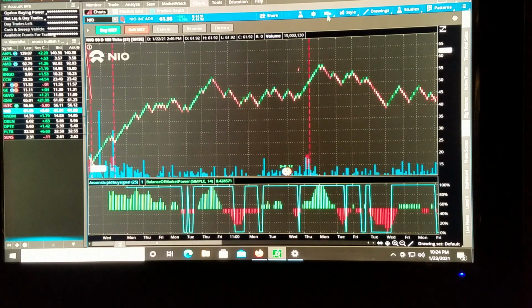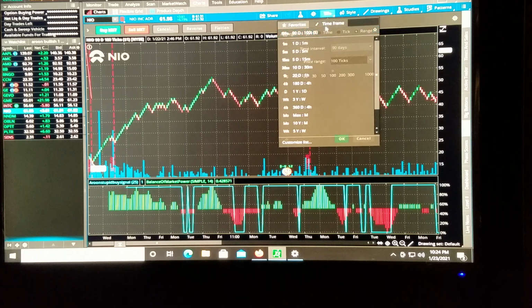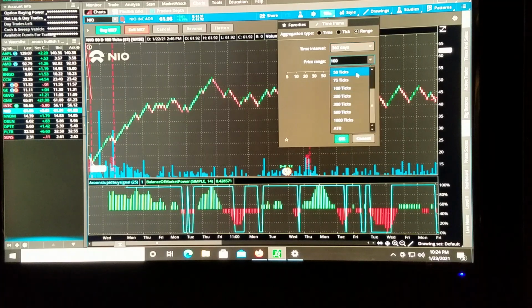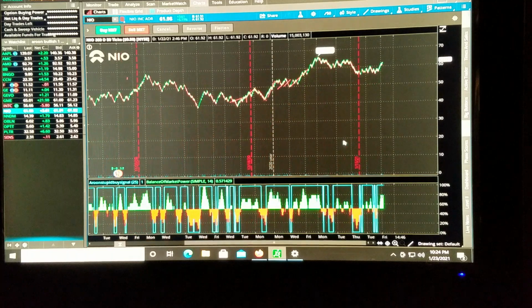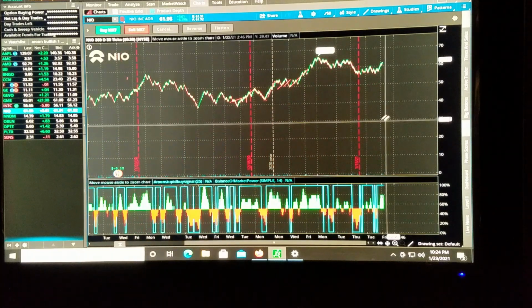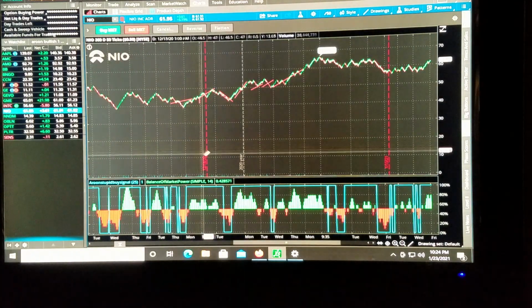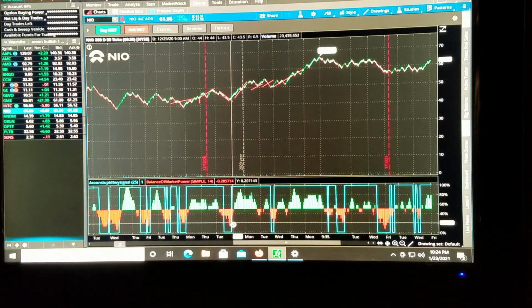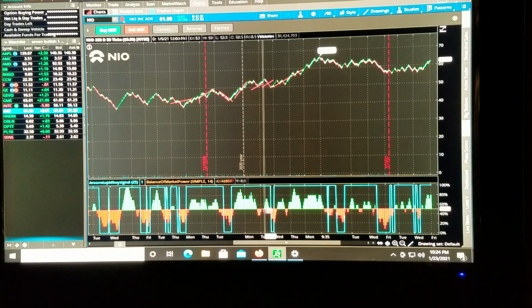So let's take our day out to say 360, and we can do 50 ticks. And this is Neo. So now we can really see those pullbacks within our indicators. This is going to help us trade better.